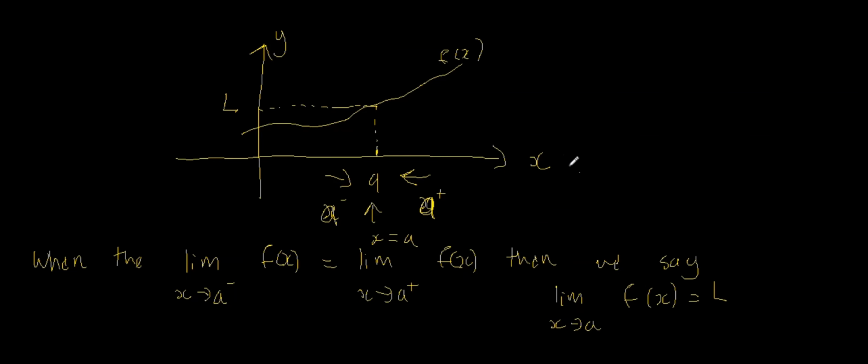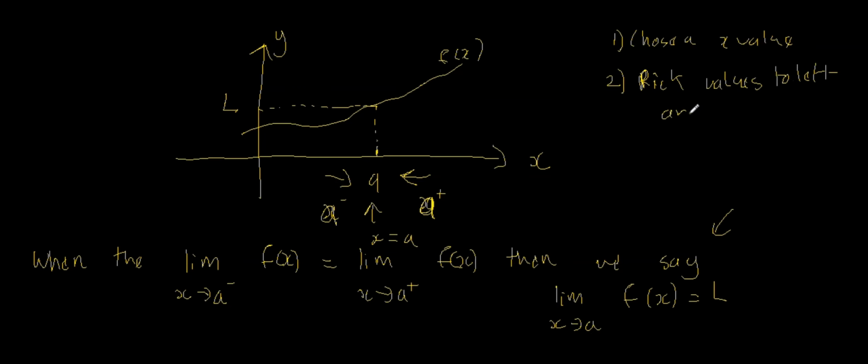This is what the limit is. It's just choosing a value on the x-axis. This is how you interpret how I explained it before. Step 1, choose an x value. Step 2, pick values to the left and right.